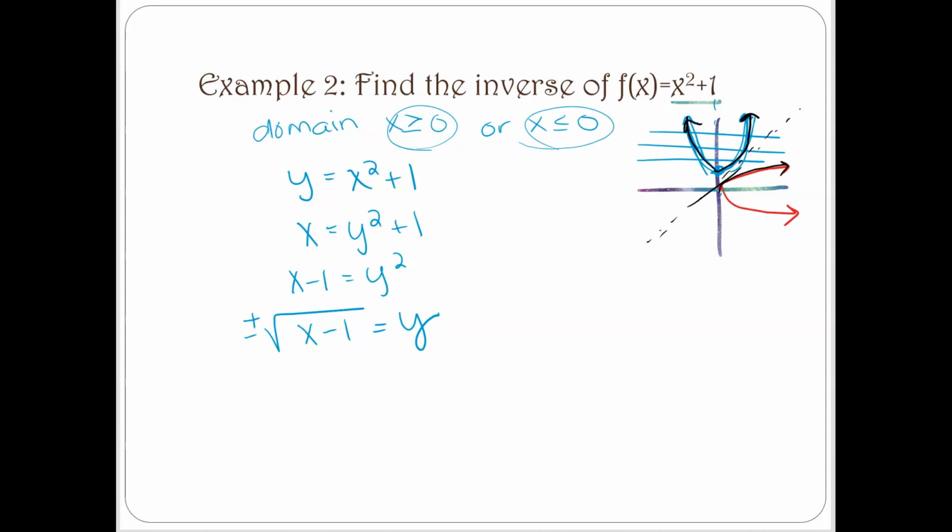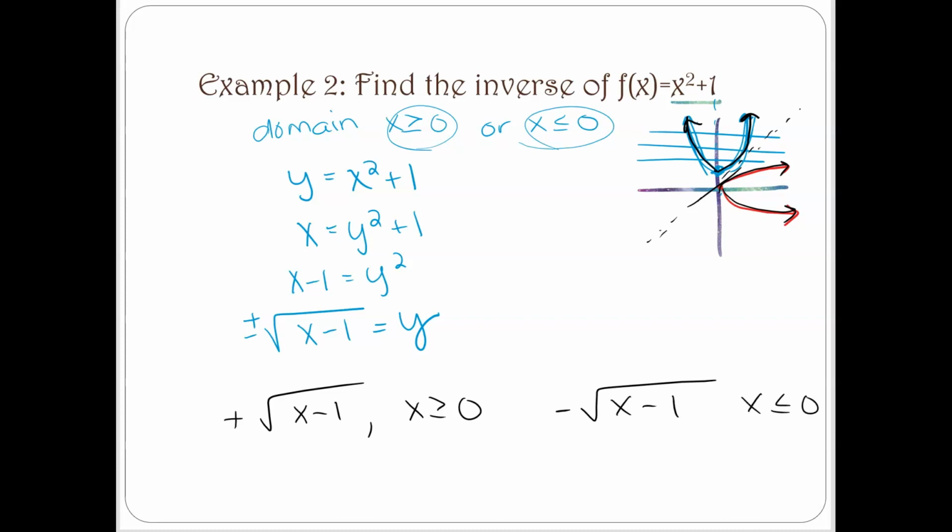When you take the negative original, you want the negative square root. So that means that if you're going to use the positive square root, your domain is x greater than or equal to 0. If you're going to use the negative square root, then your domain would be x less than or equal to 0.